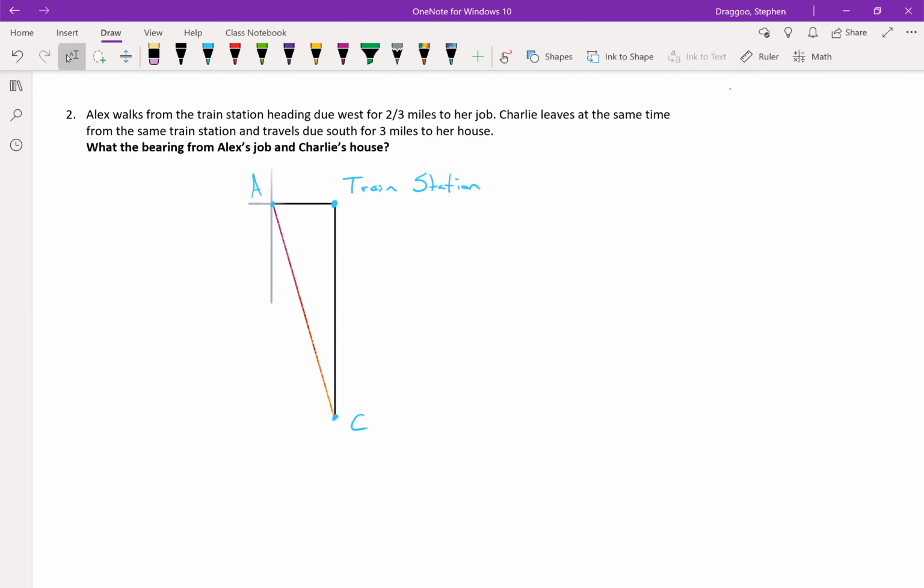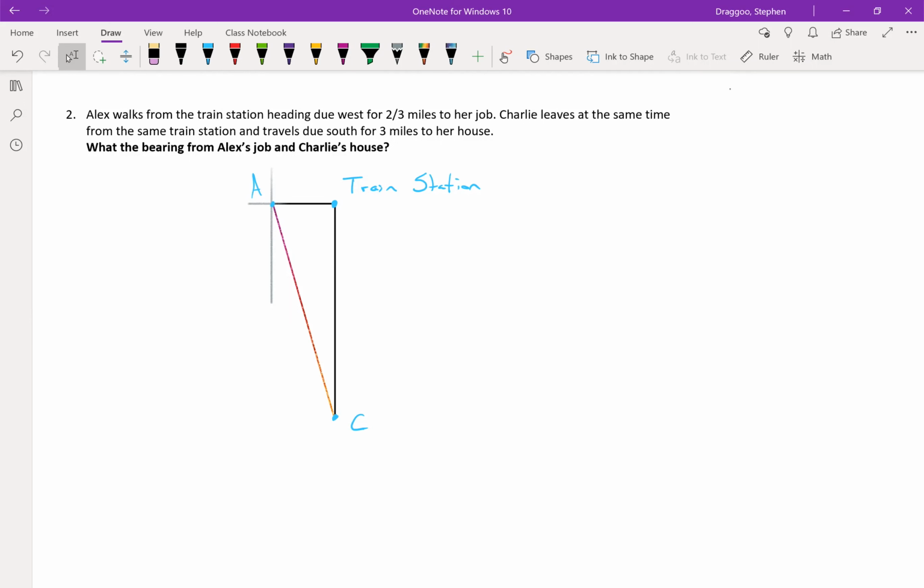So in the diagram labeled, that upper right corner is where I'm going to claim the train station is. The point A is due west of the train station, while point C is due south of the train station. A for Alex's job, C for Charlie's house.